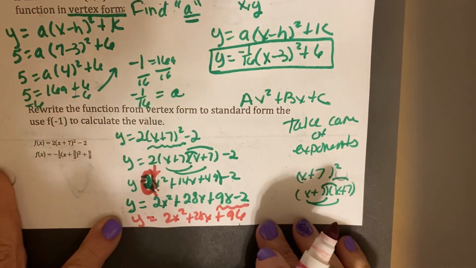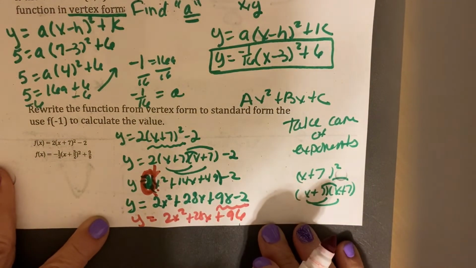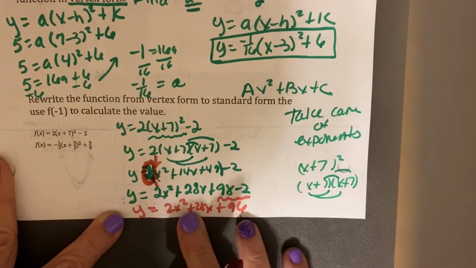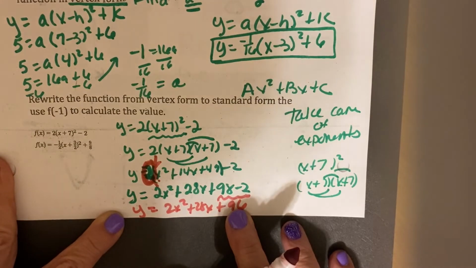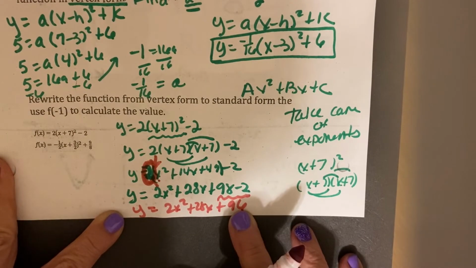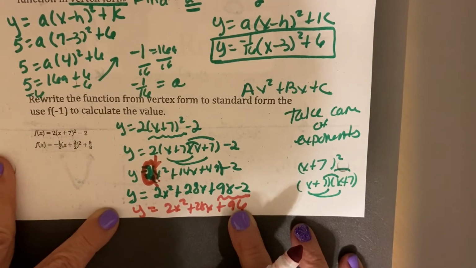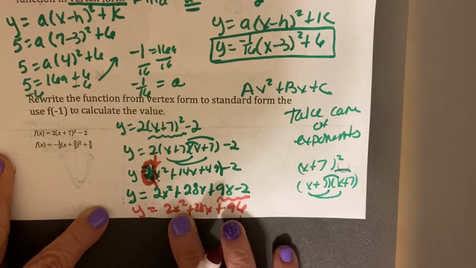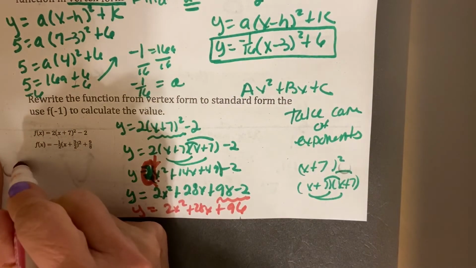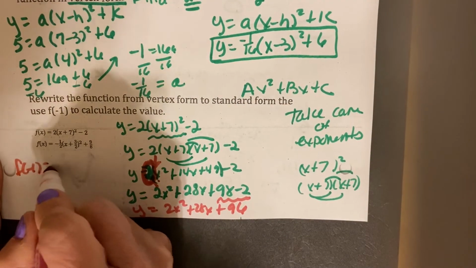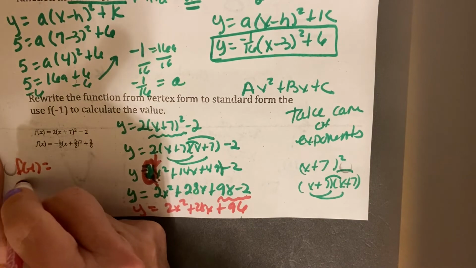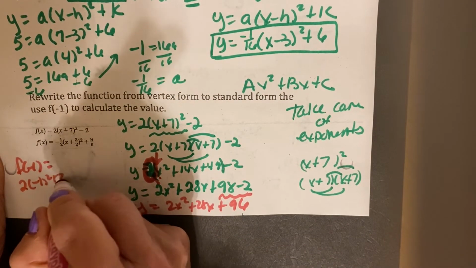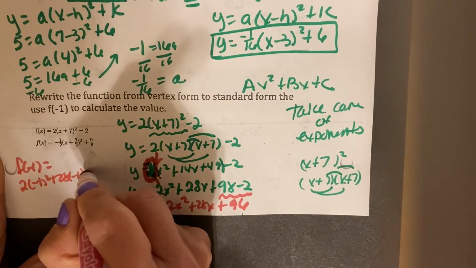The next part, it says use this equation to evaluate f of negative 1. So there's 2 different ways. You can go in and put that in your graph and use your table by using Control T, which we've done before, or you can just do f of negative 1 is equal to 2 times negative 1 squared plus 28 times negative 1 plus 96.